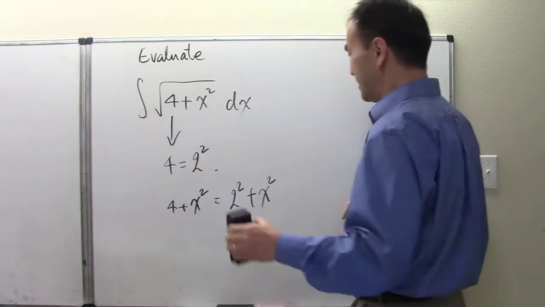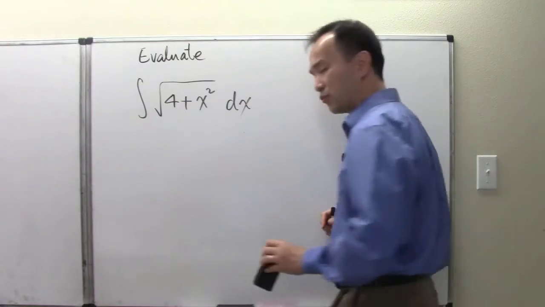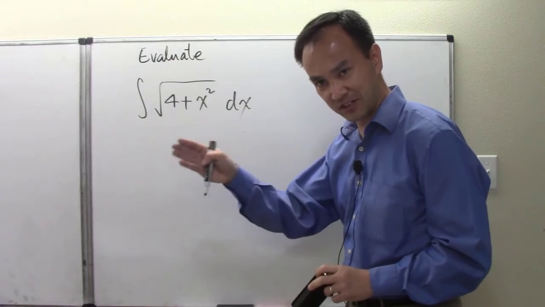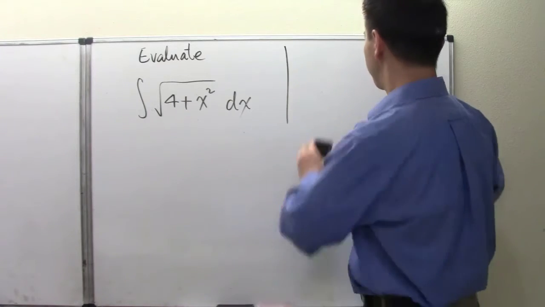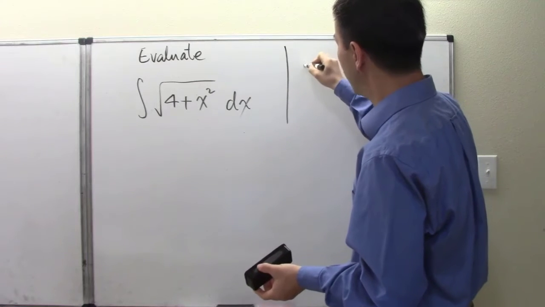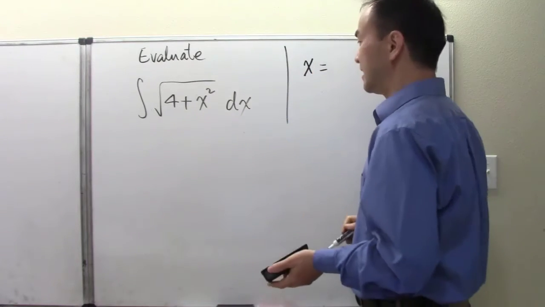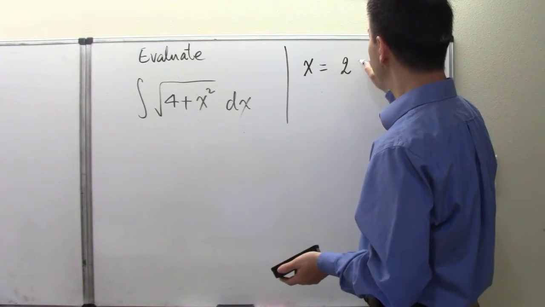Since you have already had a little bit of experience with the trig substitution earlier, the one with the sine of theta, allow me to introduce this. I'm going to substitute the x variable in our expression by 2 times tangent.